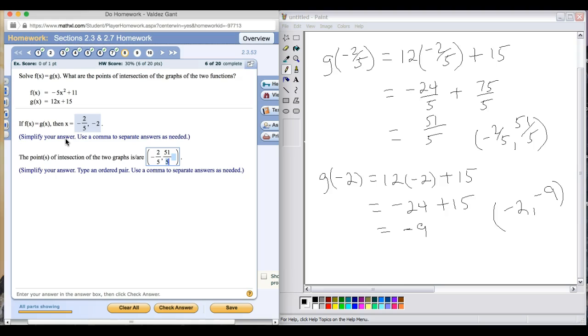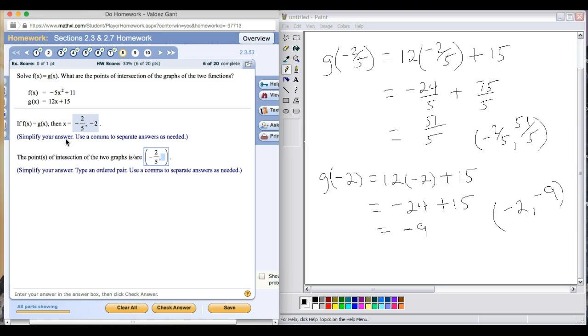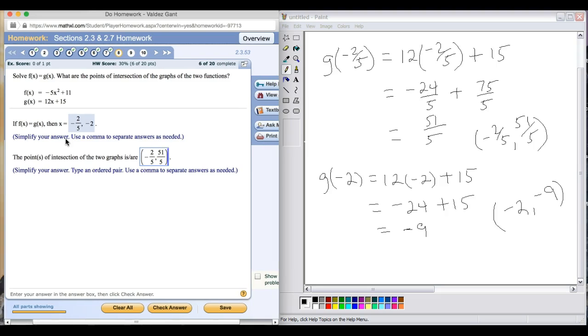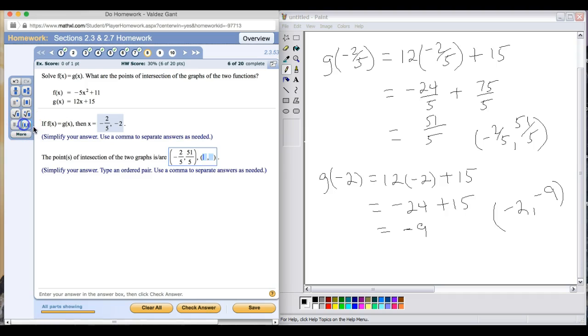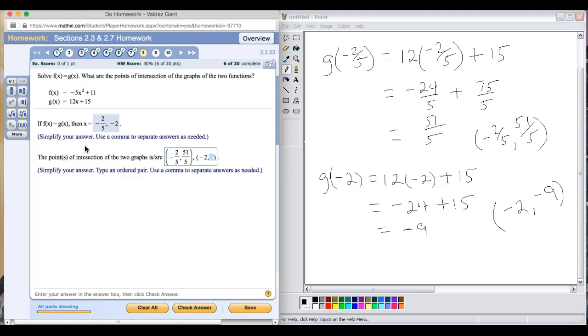Guess it didn't like that, so I'll go here with 51 divided by 5 like that. And then the comma, and then same thing again, and that would be negative 2, negative 9. All right, and so that concludes our example of the applications.